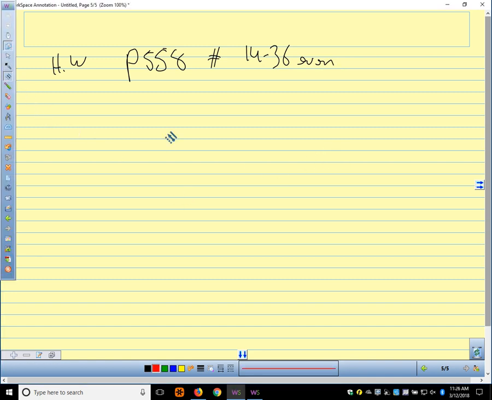And on your homework, there are a couple of problems, or at least one, where they ask you to reflect over the line y equals x. So what you can do in that case, the line y equals x is a diagonal line like this, and they give you those points on a graph.